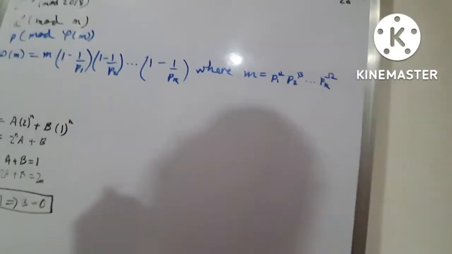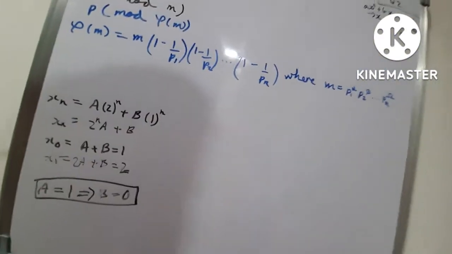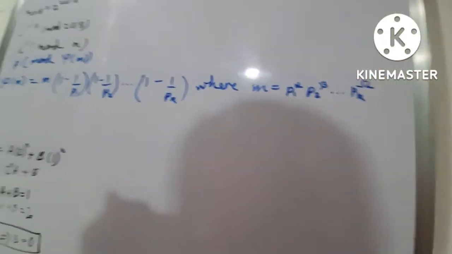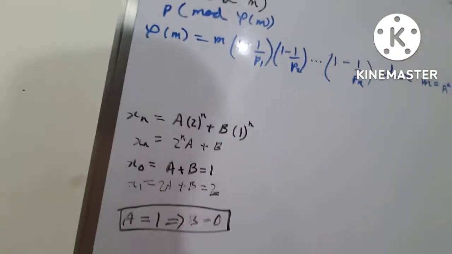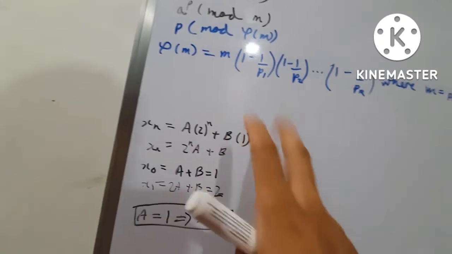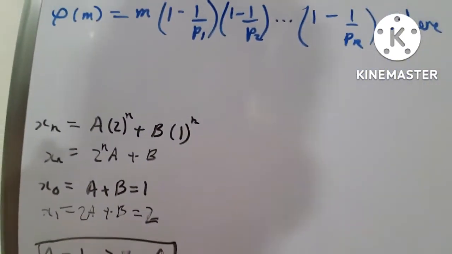The exponents here do not matter. We do not care about them here. So we're gonna use this trick. It's not a trick, trust me, it's a very well-known fact.